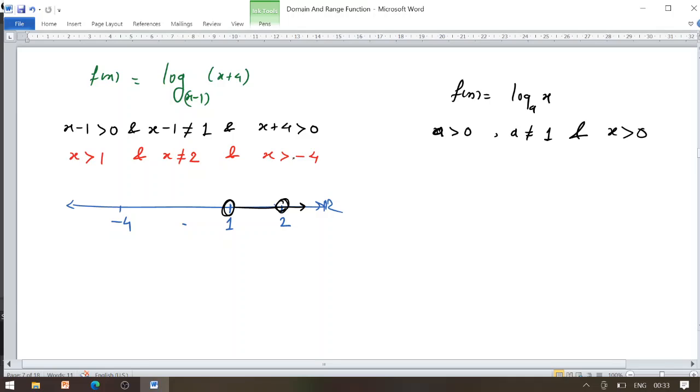Whatever values lie just right of minus 4 are always greater than minus 4.